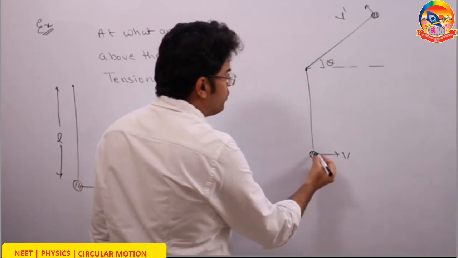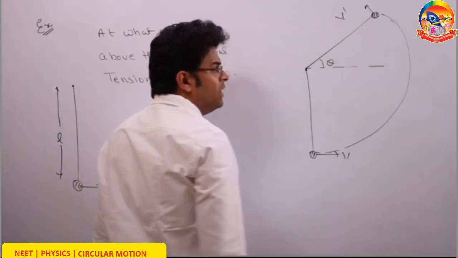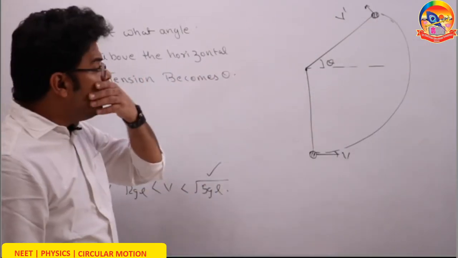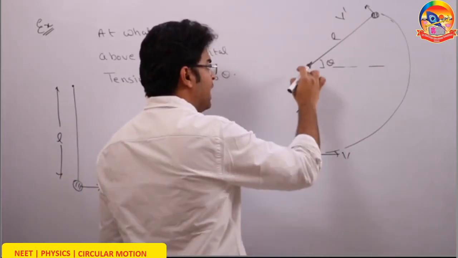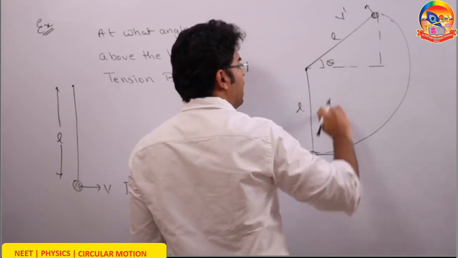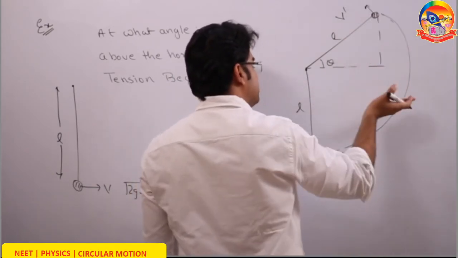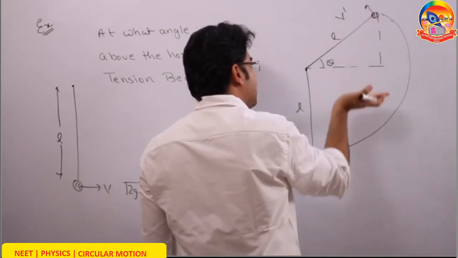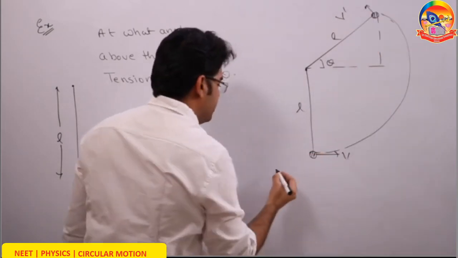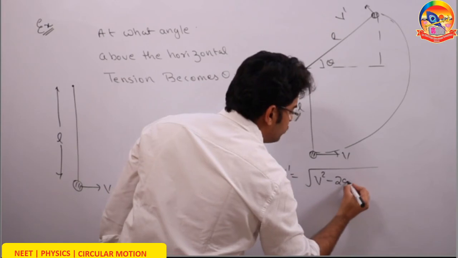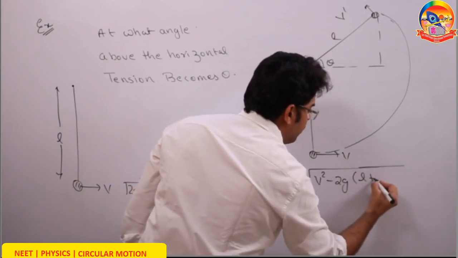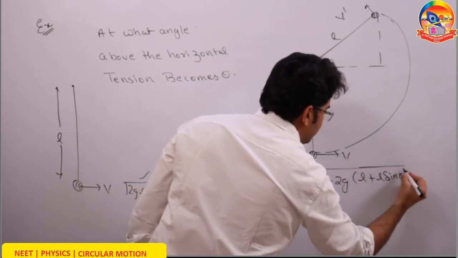When the bob goes from here to there, what height does the bob attain? Let's say the length of the string is L. So this length L plus this length, L plus L sine theta. Since the bob goes up by a height L plus L sine theta, the speed v dash can be directly written as under root of v square minus 2g times L plus L sine theta.